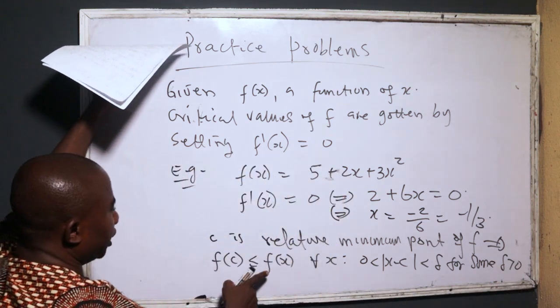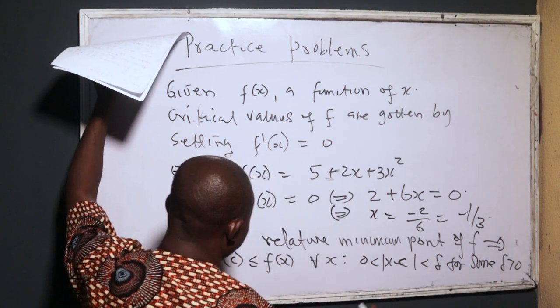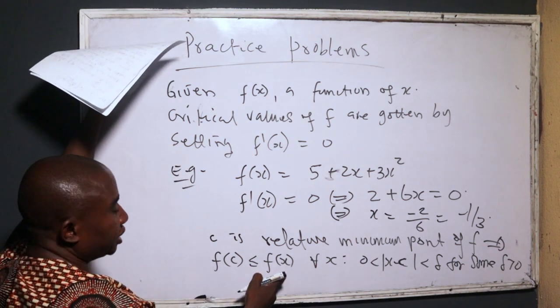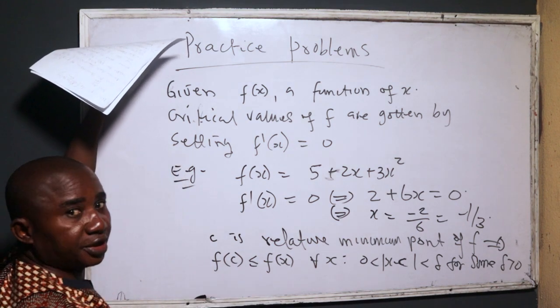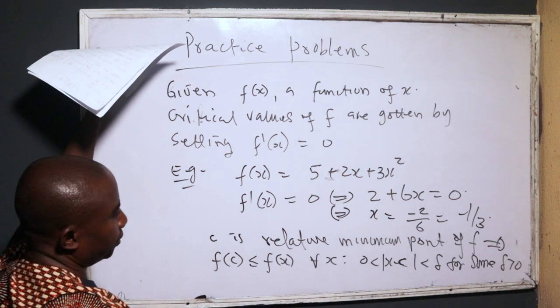So if x lies in this delta neighborhood of the point C and this inequality is satisfied, we say that the point C is a relative minimum of the function f.